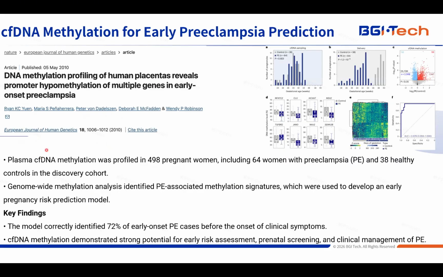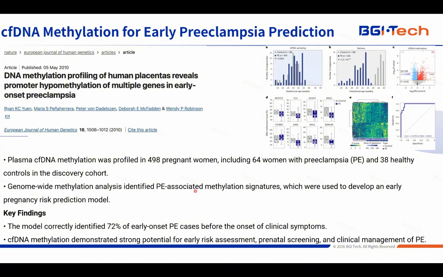Next, let's look at a study about preeclampsia. The study included 64 women with PE and 38 healthy controls in the discovery cohort. The researchers analyzed plasma cfDNA methylation signatures to identify signatures associated with PE.